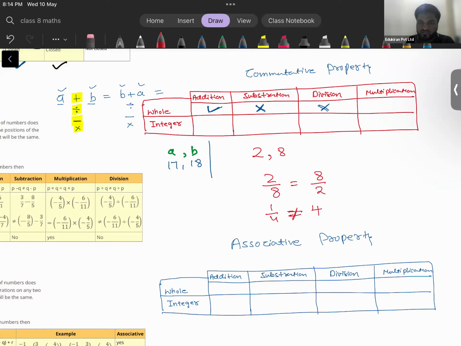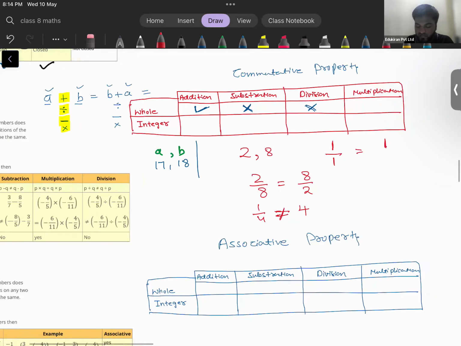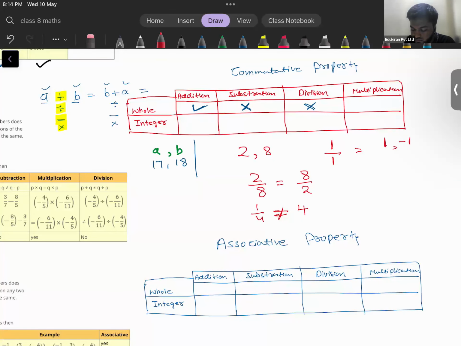Or you can take both as 1 by 1. So if you are given a positive value and a negative value, the number has to be the same, but the sign has to be opposite. If I take 1 and minus 1, right, Ifra?